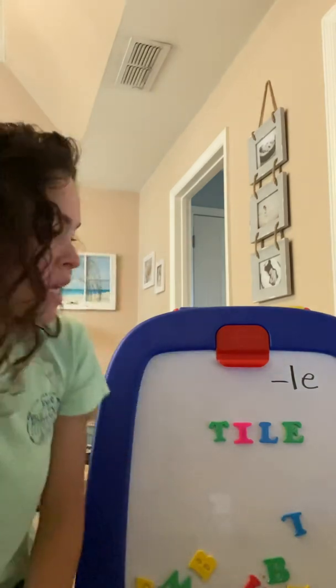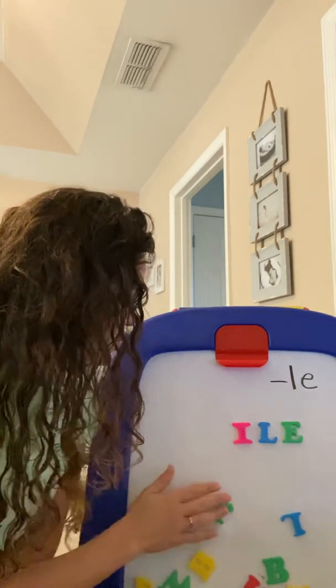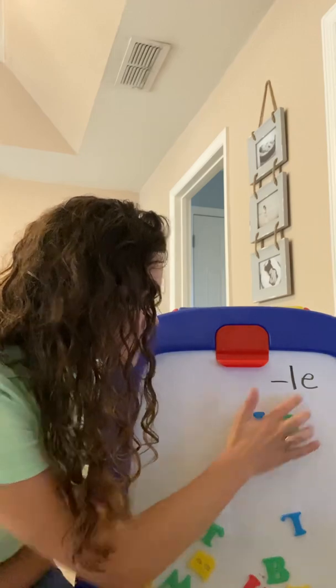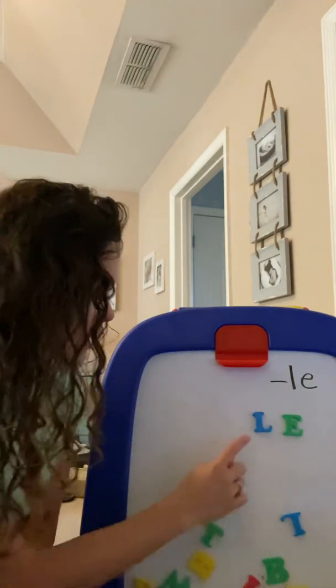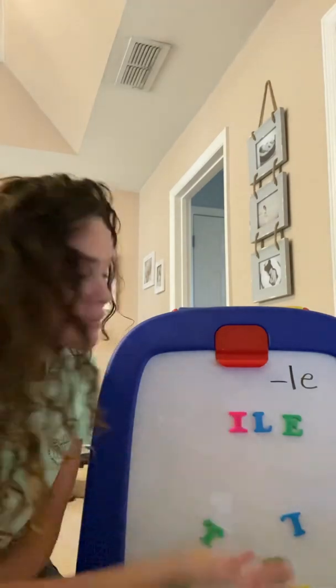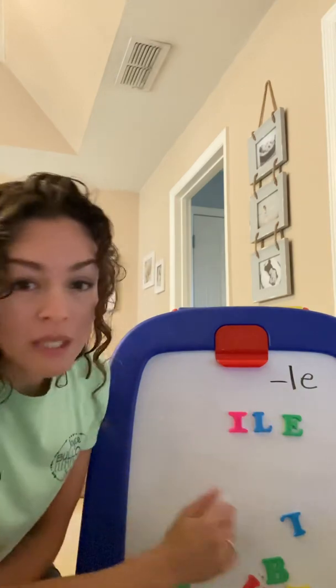Consonant LE. First, I need to know what a consonant is, okay? This dash, when I'm marking this syllable, stands for that consonant. I need a consonant there. And I have this word here. Here's my LE pattern, just like we see here. So I need to know that a consonant is not an I. This would be that mama E we just talked about.